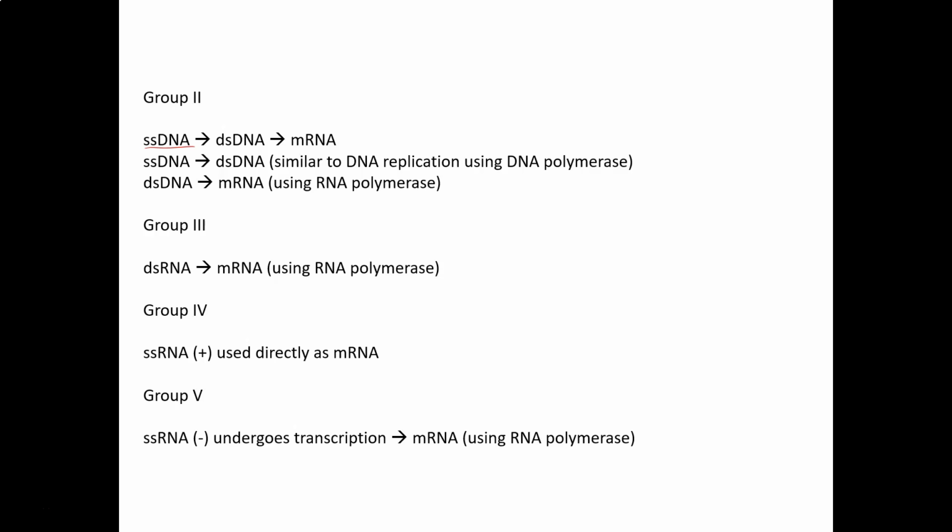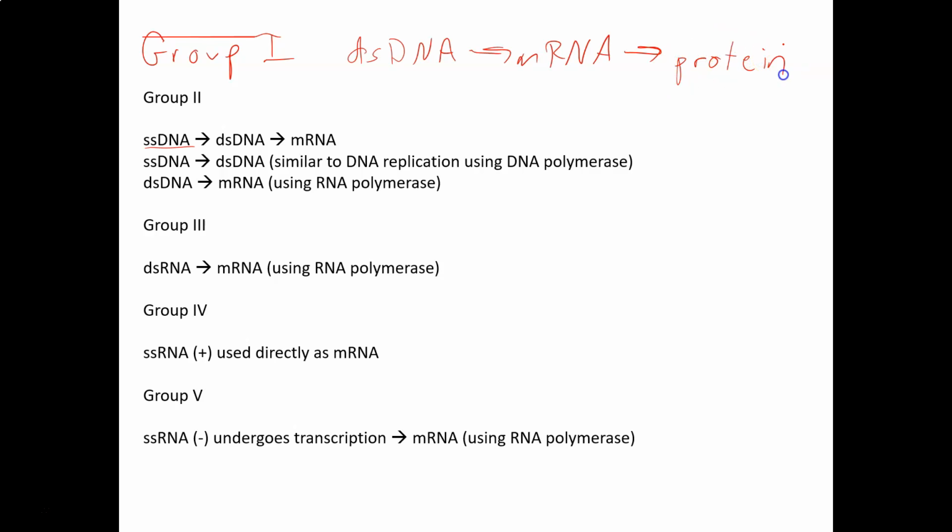I didn't put group 1 on here because group 1 is just like we learned in Bio 111. So in group 1, you have double-stranded DNA. It's converted into messenger RNA, and then messenger RNA is converted into protein. But we're really just looking at the conversion to messenger RNA, that process called transcription.